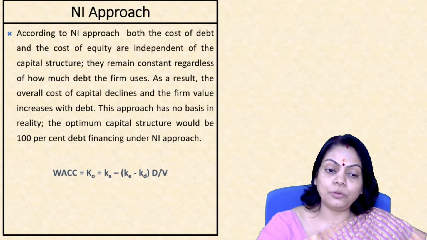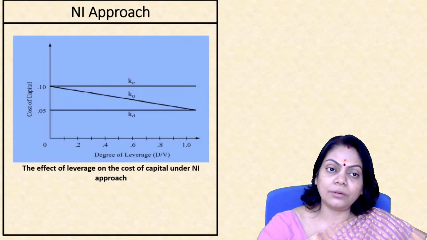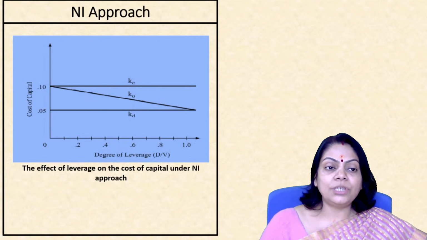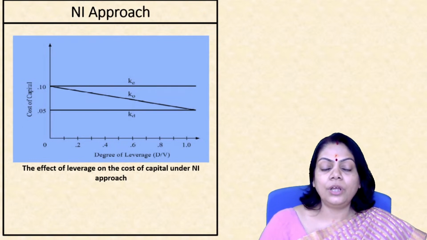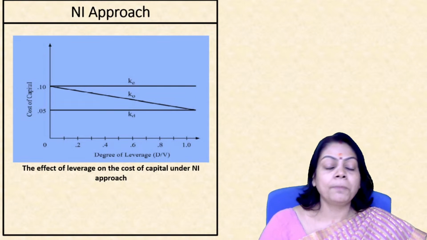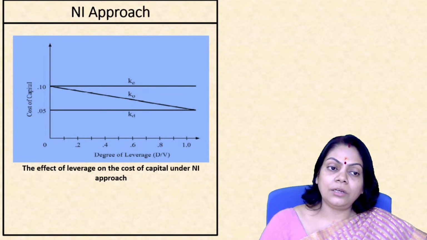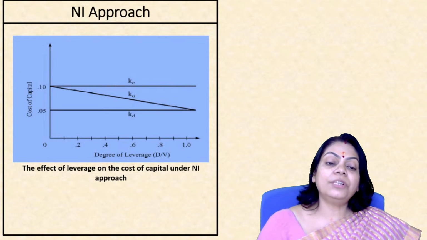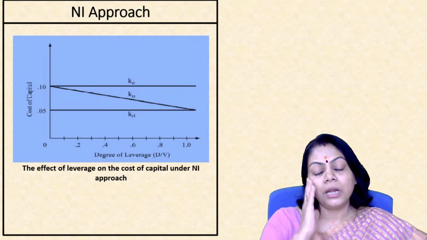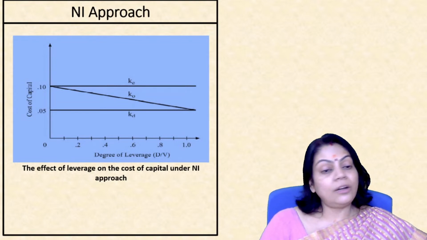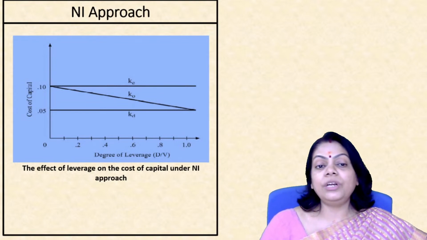To put their perspective in a graph, on the x-axis we have plotted the degree of leverage, on the y-axis we have plotted the cost of capital. According to the relevant school of thought, irrespective of how much leverage I am employing, the cost of debt does not change and the cost of equity does not change.